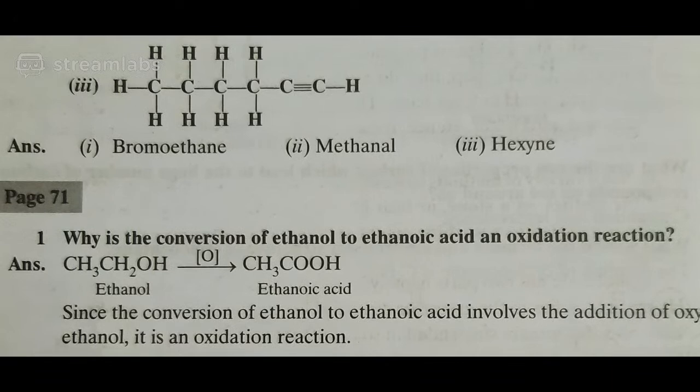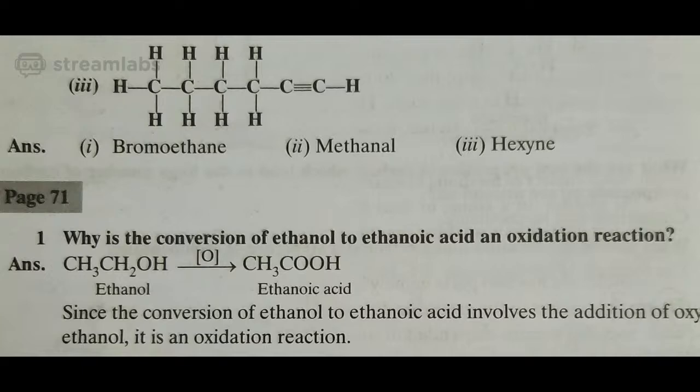Okay, this question won't be given for your examination because the ethanol and ethanoic acid part has been removed. But still the question is so simple. Ethanol, just by adding oxygen, converts into ethanoic acid.